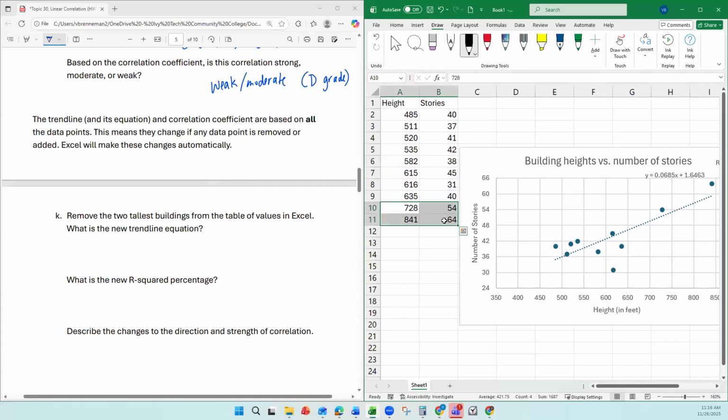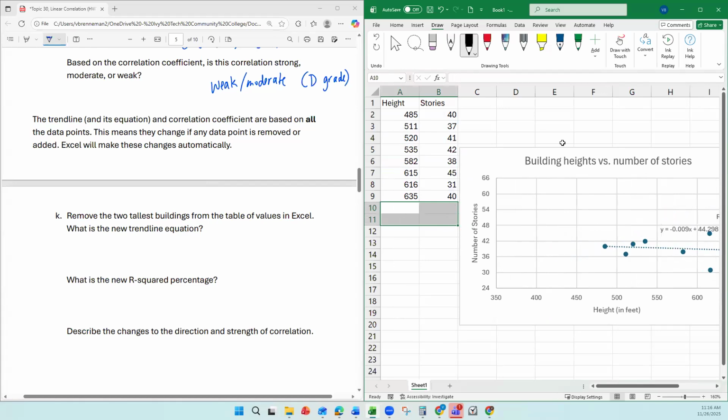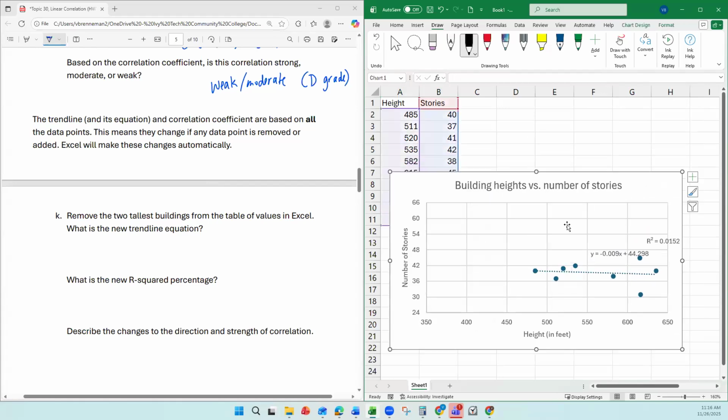Those are the ones that really established our pattern there. So if I take those out, so I'm just selecting the cells with those data values, hitting delete, and you see we get a very different looking pattern here. Now it's actually trending slightly downward. It's very weak. It's now 0.0152.